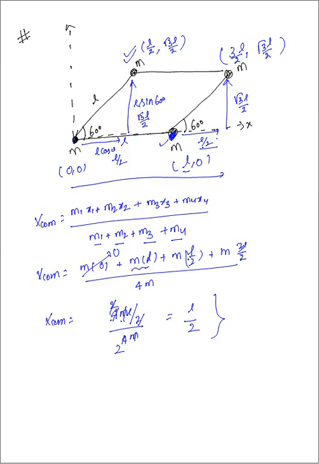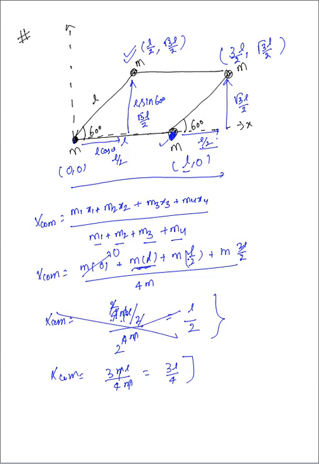So what we got it here? 2ML plus ML is nothing but 3ML. Let me write that thing down. XCOM equal to 2ML plus ML is nothing but 3ML. 3ML divided by 4M. That's nothing but M will get cancelled. 3L by 4 will get it. This is a coordinates and this is small correction.